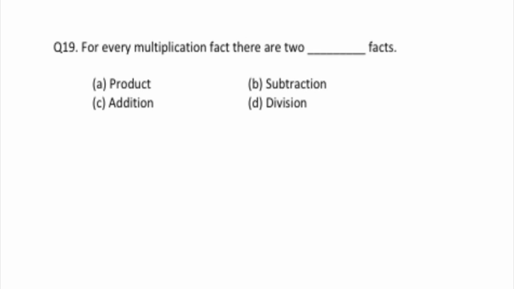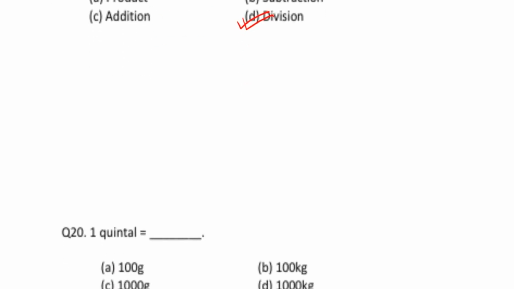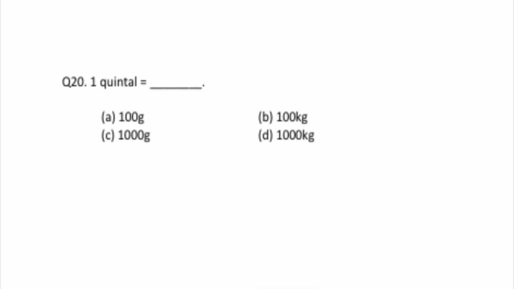For 19, the question is, for every multiplication fact there are 2 division facts. You should know this, there are 2 division facts. And this one is an easy one. 1 quintal equals 100 kg.